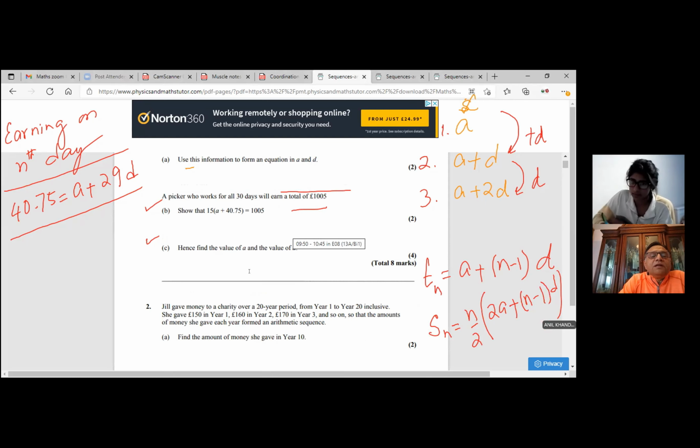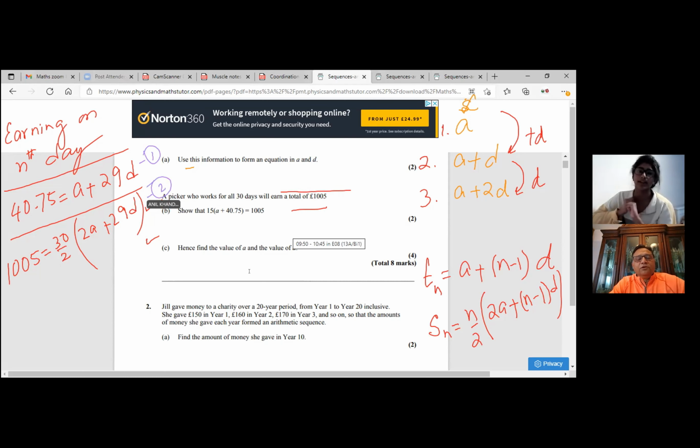Now it says the picker works for all 30 days, so n is 30, and the total is 1,005. So we have 1,005 is equal to 30 divided by 2 times (2A plus 29D). So that becomes your second equation. As you can see, we have two equations and two unknowns.